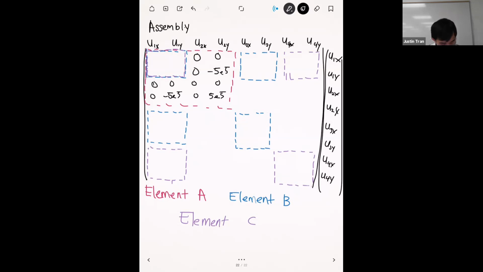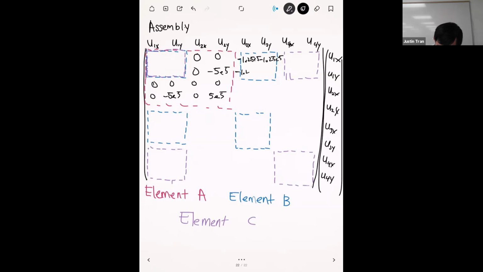Okay. All right. So next we're going to have the entries from element B. Okay. And so we have a bunch of 1/2s here, but the 1/2s are going to be multiplied by 2.5 times 10 to the 5th. It's going to be 1.25 E5, 1.25 E5. Okay. Oh, all these are minus signs, sorry.